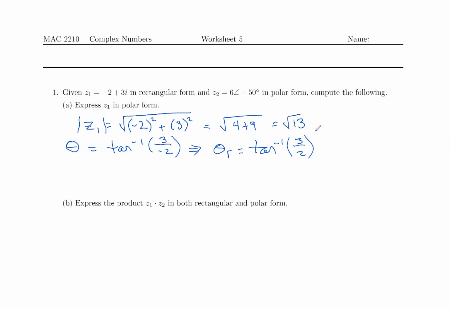You would need to put this in the correct quadrant. Since it's going -2 in the x direction and +3 in the y direction, it's going to be in quadrant 2. So I would subtract this reference angle from 180, and that would be the correct angle. This is equal to 56.31 degrees. This is the reference angle.